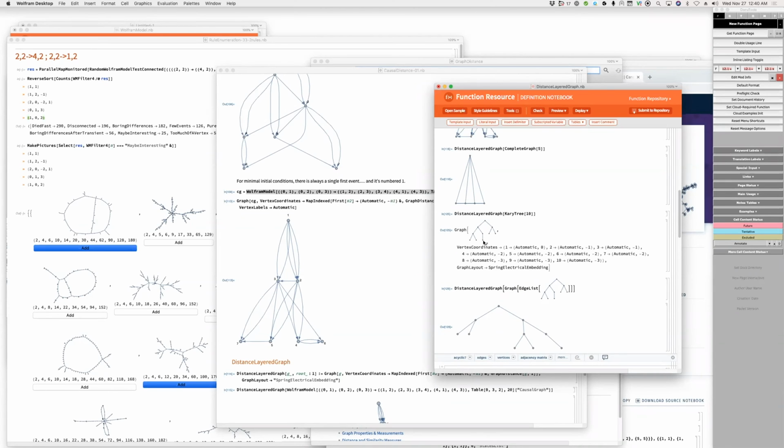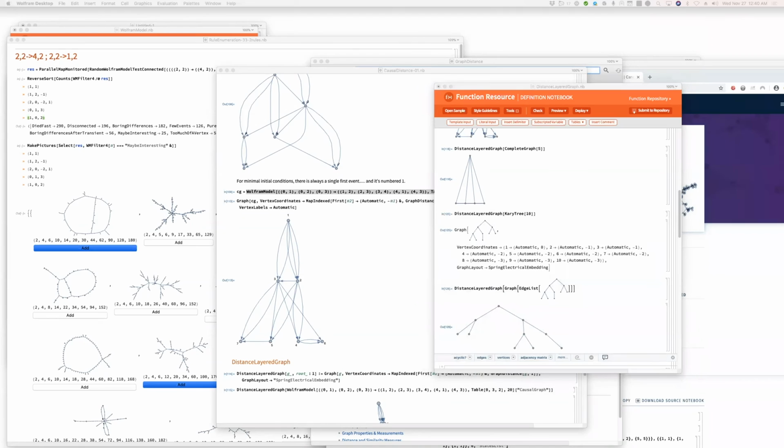It probably had vertex coordinates in there. Well, I mean, that we can check.